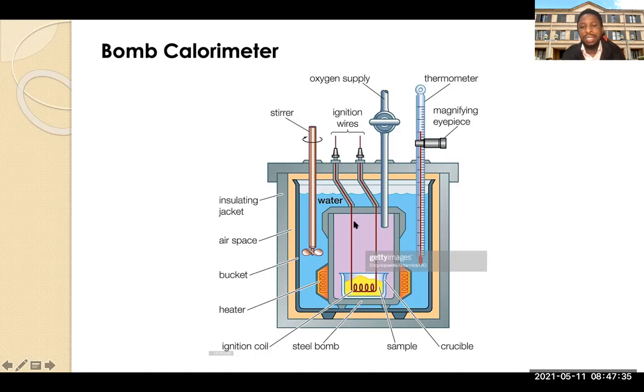When the hydrogen and the oxygen come together, water is formed, which becomes steam. And if the steam is condensed, we are measuring the higher calorific value. And if it is not condensed, you're measuring the lower calorific value. So take note of those two things.